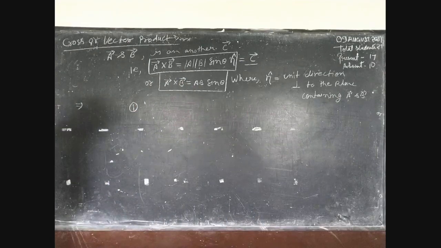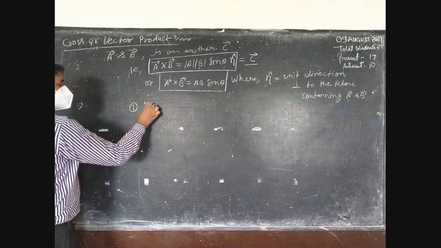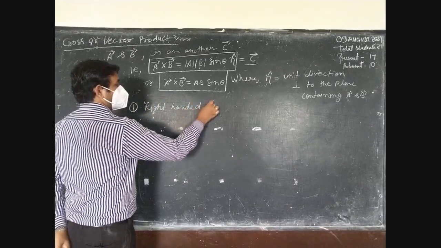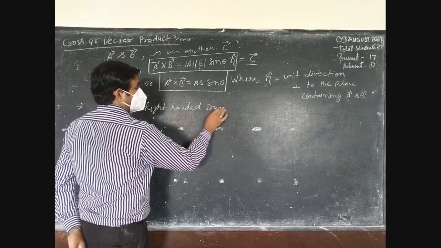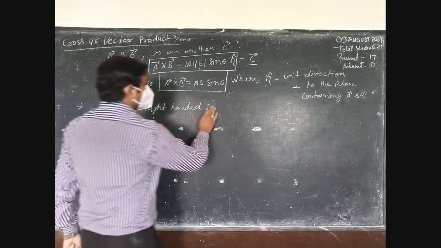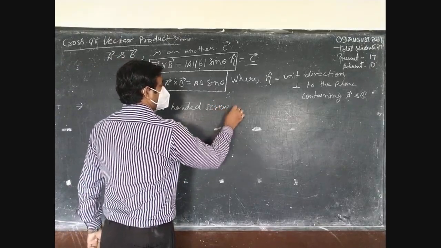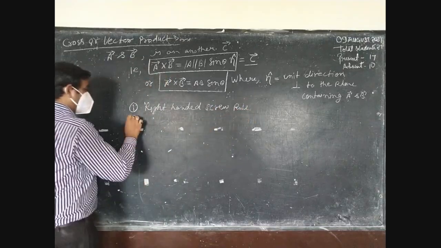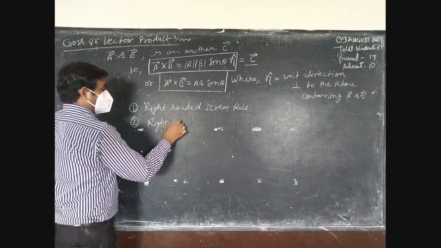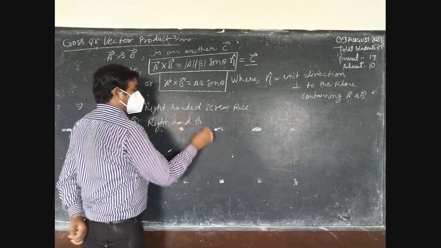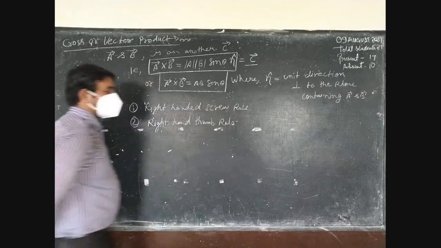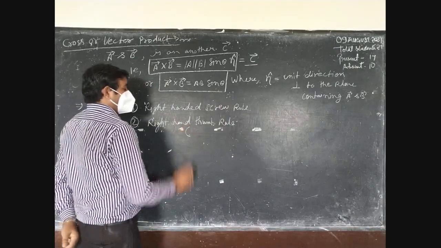One is the right-handed screw rule, and another is the right hand thumb rule, and you can say the right hand curl rule.